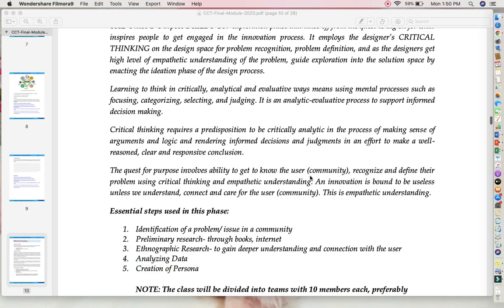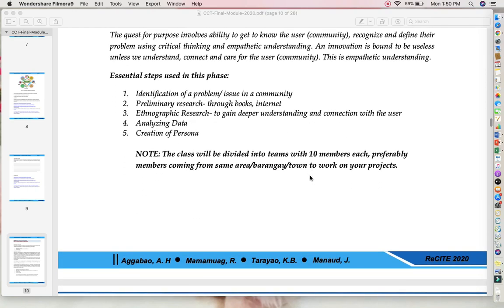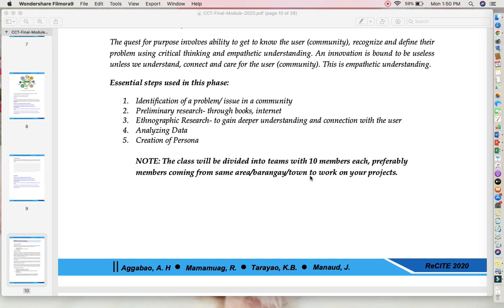The quest for purpose involves the ability to get to know the user, which is your community, to recognize and define their problem using critical thinking and empathic understanding. An innovation is bound to be useless unless we understand, connect, and care for the user or the community.